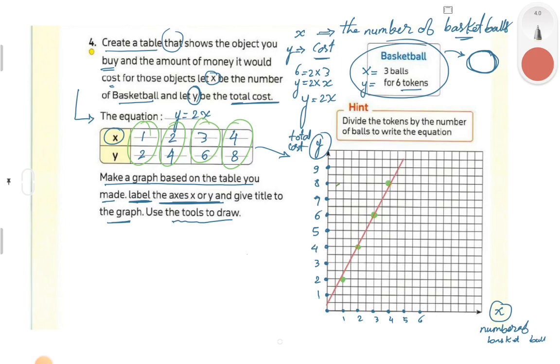I started here from the first line, maybe axis y or axis x, and go up and make some extension here. Now we have graphed our table from our equation.